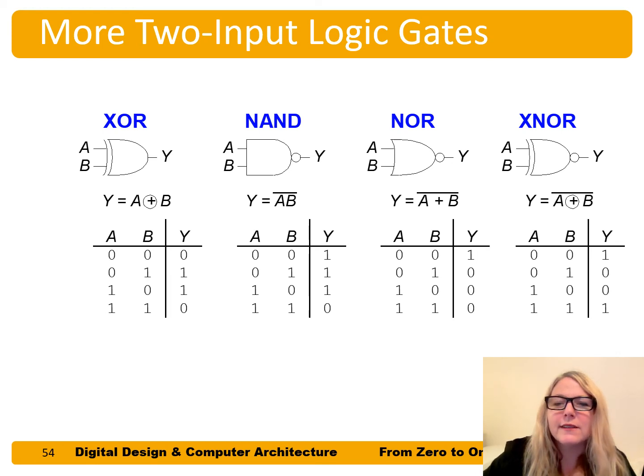And you'll notice that for a 2-input value, A and B, when A and B are equal, so when A and B are both 0, for example, we get an output of 1. Or when they're both 1, we get an output of 1. So when they're the same, either both 0 or both 1, we get an output of 1. So XNOR is also called the equality gate because it outputs a 1 when the 2 inputs are equal or the same.